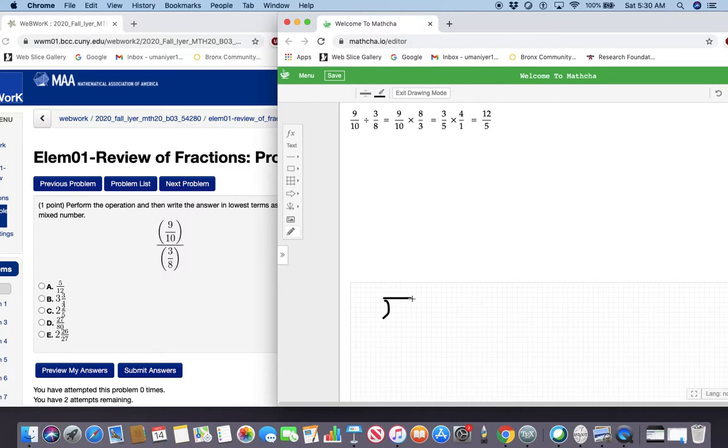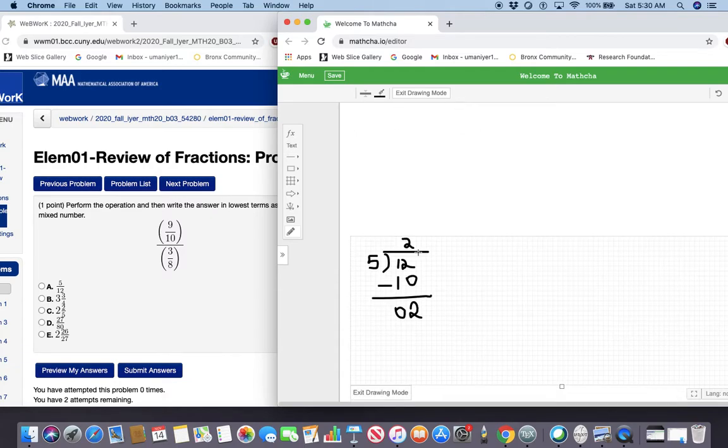The numerator is 12, so that goes inside. The denominator is 5, so that goes outside. 5 times 2 is 10, so that's the maximum it goes, and you're left with a remainder of 2.